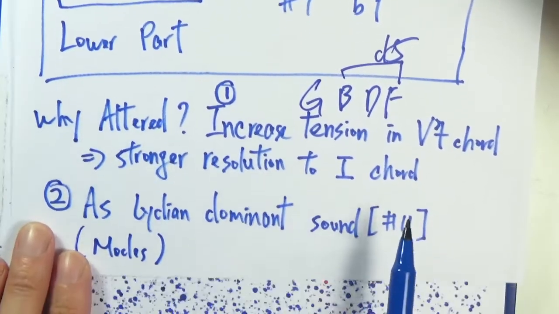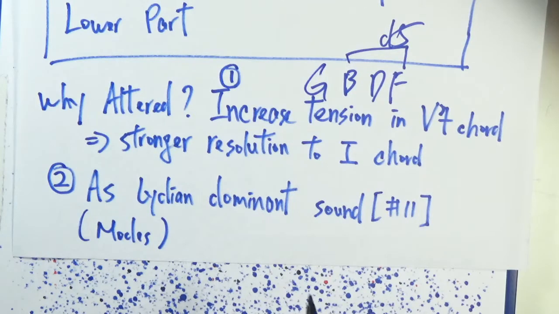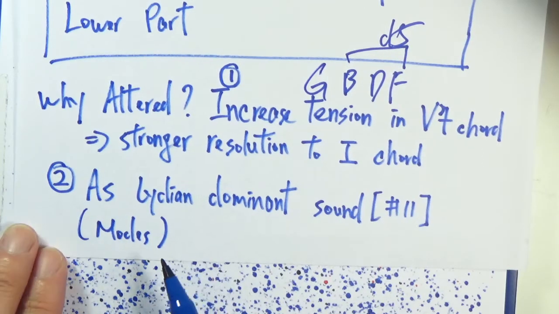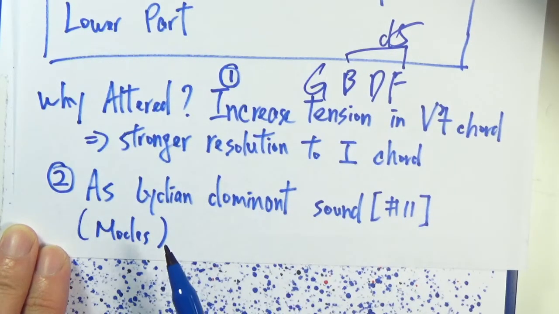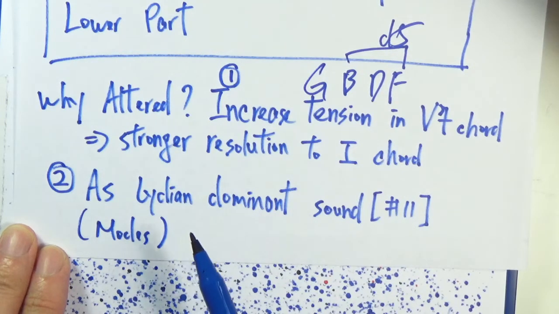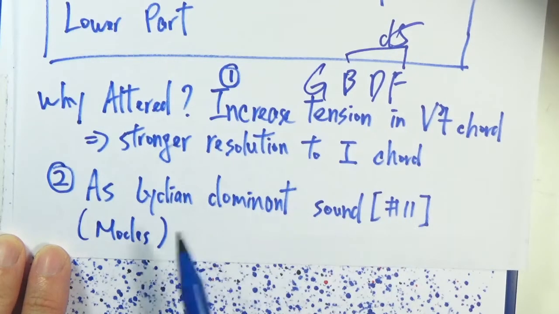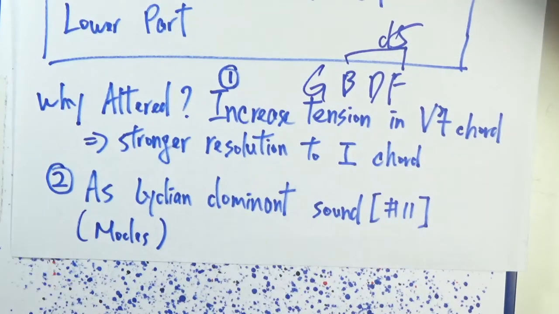A second use case is what we call a leading dominant sound or mode. I'll probably talk more about this particular mode in melodic minor modes in the coming up videos, okay?